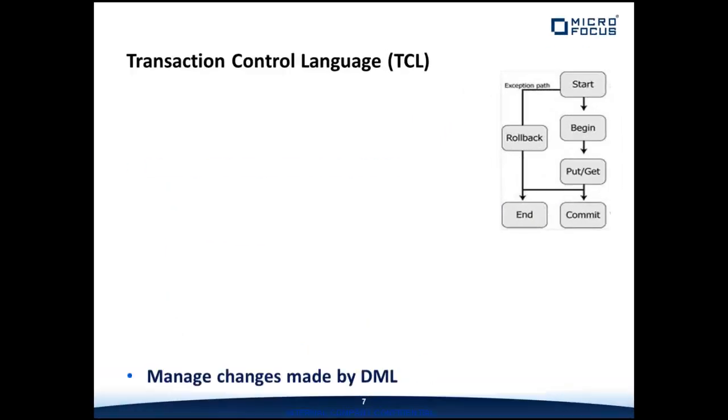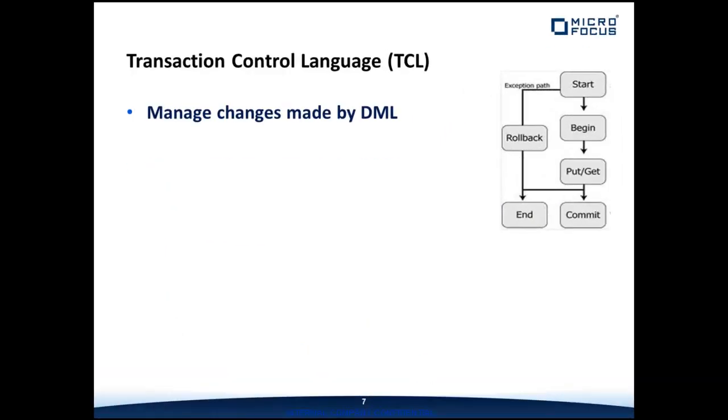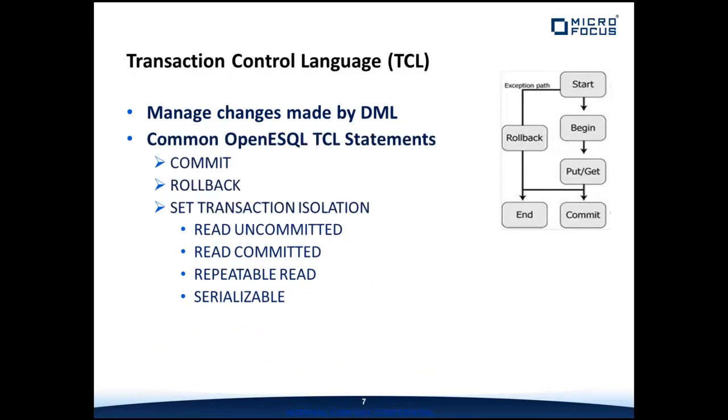The last category is transaction control language. These statements are used in conjunction with data manipulation language statements, allowing you to either make changes permanent to the database by committing a transaction, or to ignore all changes since the last commit by providing a rollback capability.